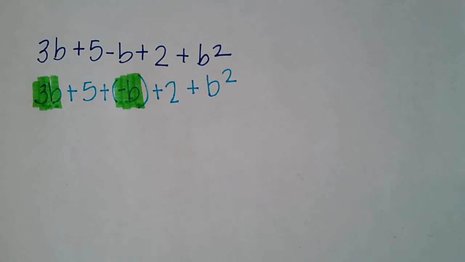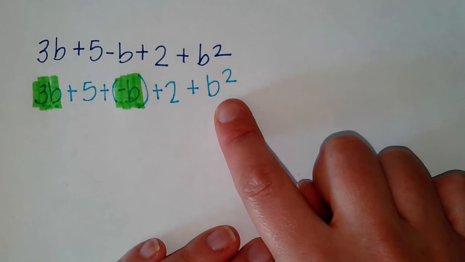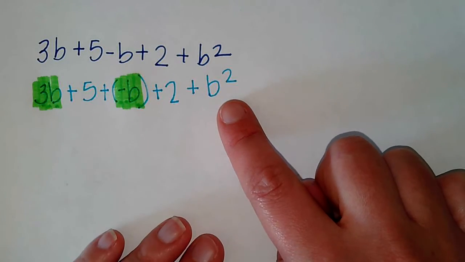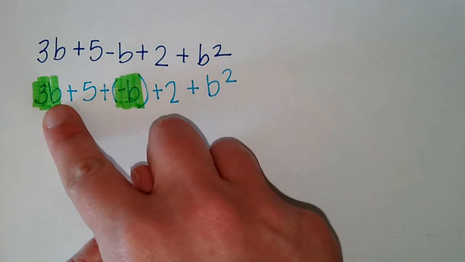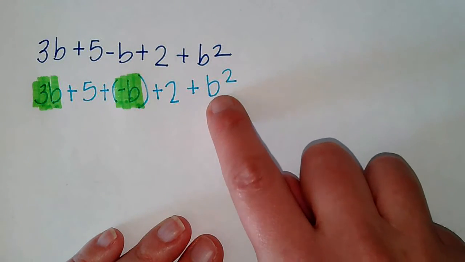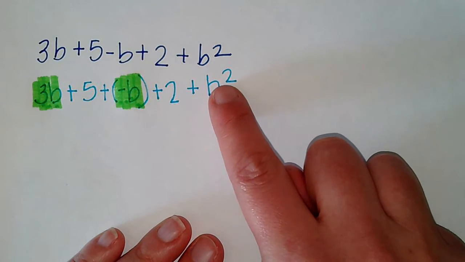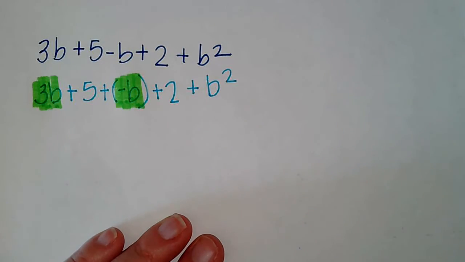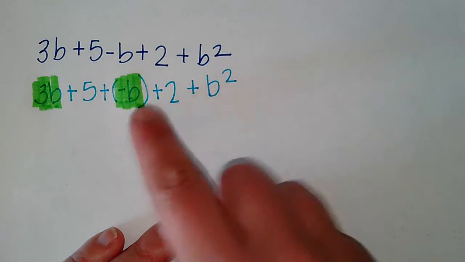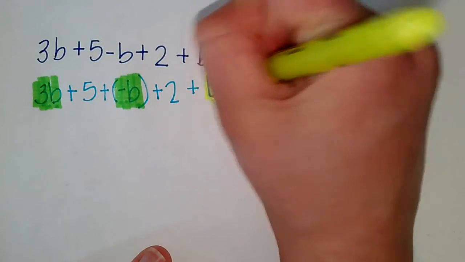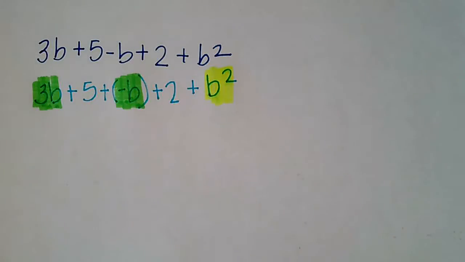Now, I've got b squared over here, but that does not work with my negative b and my b because this b has an exponent of 2. It is raised to the second power. Therefore, b squared and b are not like terms. Okay, so this is a term of its own. And then lastly, we have our 2 constants.